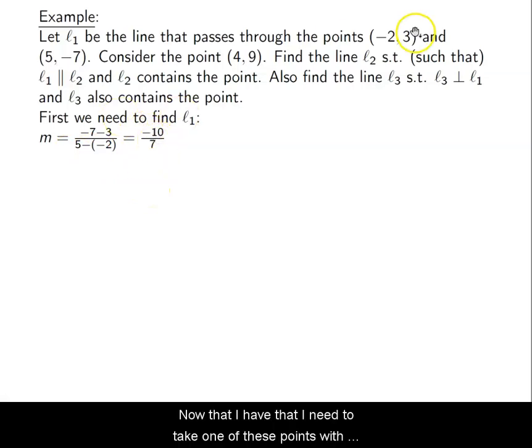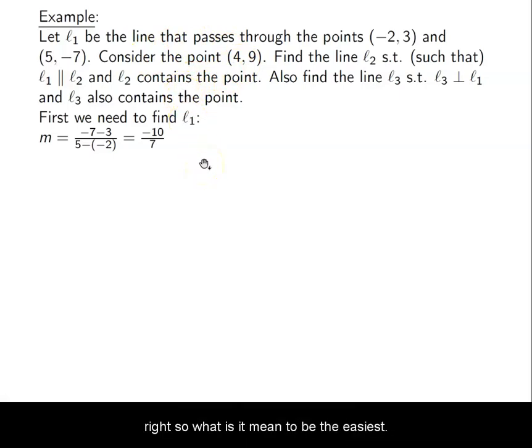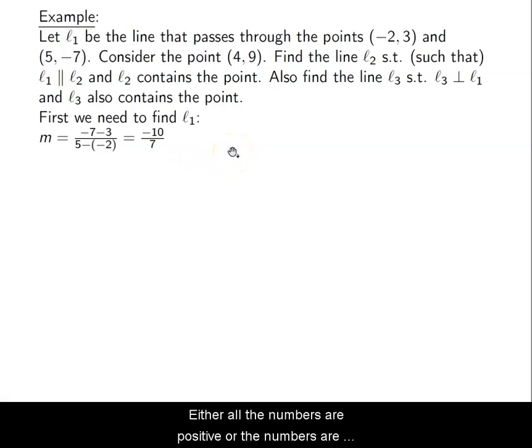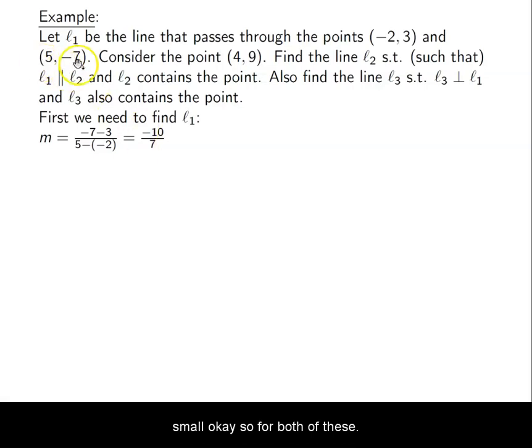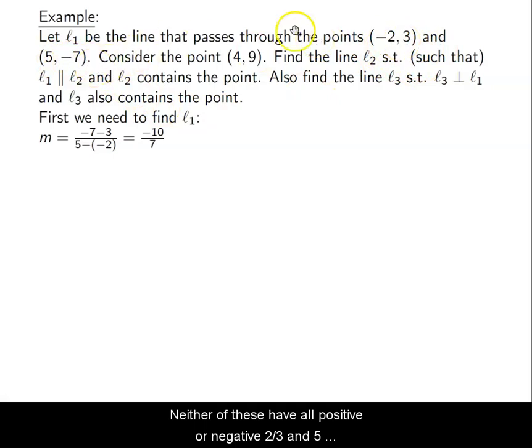Now that I have that, I need to take one of these points with the slope that I have. It doesn't matter which one, okay? Generally, when I do this, I take the point that is easiest. What does it mean to be the easiest point? Either all the numbers are positive, or the numbers are small. Neither of these has all positives, for (-2, 3) and (5, -7).